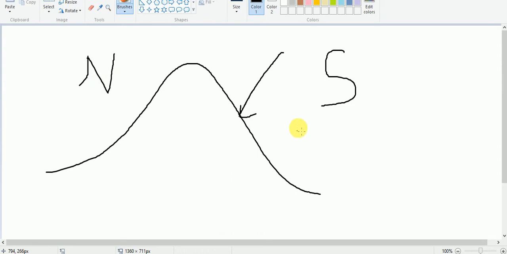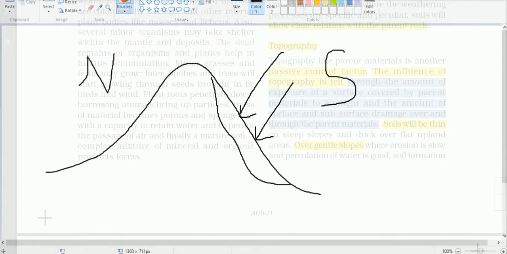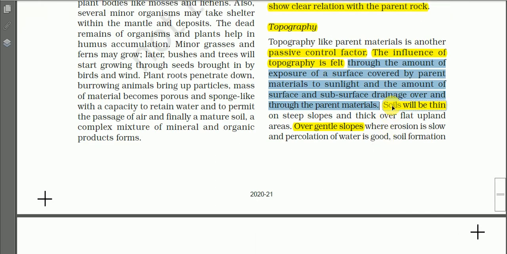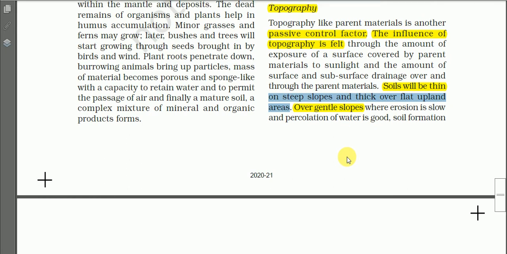The southern side will get more sunlight, and hence the depth of the soil will be greater here, because the weathering process is greater where the sunlight is more than on the other side. And soil will be thin on the steep slope and thick over the flat upland areas. In this way, topography determines the depth of the mantle.